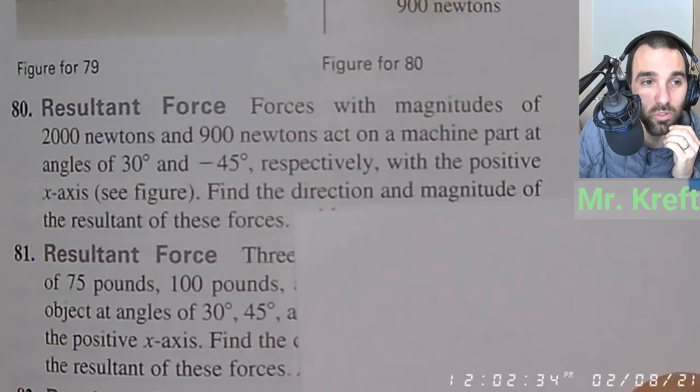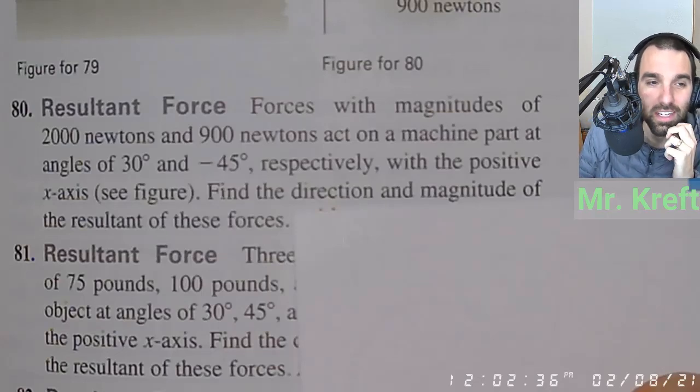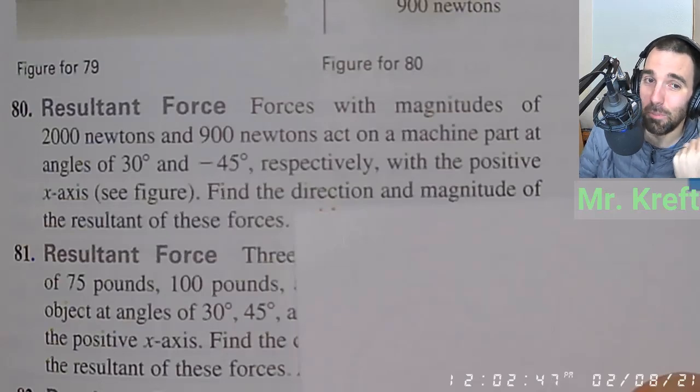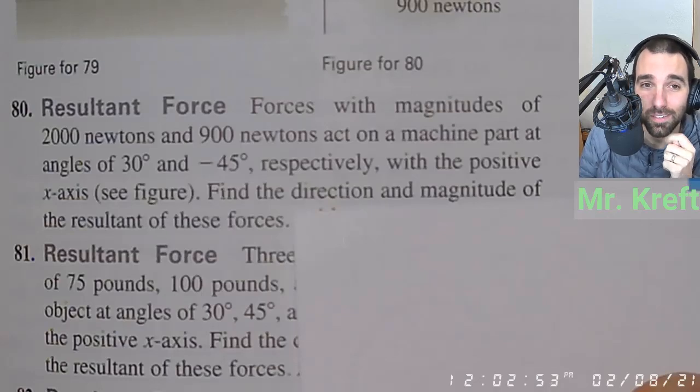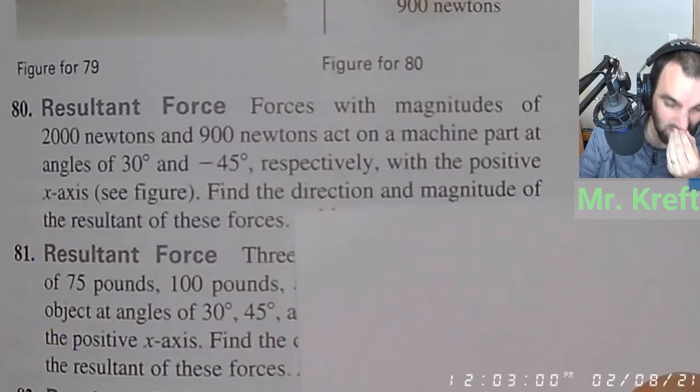So we have forces with magnitudes of 2,000 newtons and 900 newtons act on a machine part at angles of 30 and negative 45 degrees respectively, which means that they're going in opposite directions, but darn do they respect each other, with the positive x-axis.